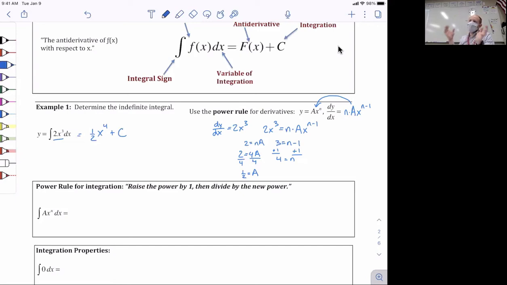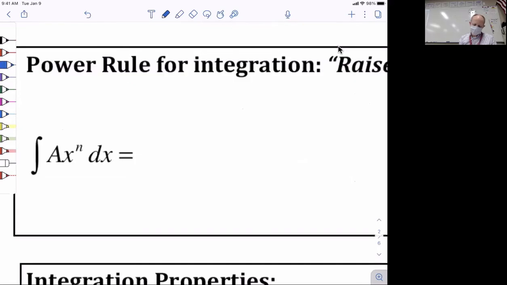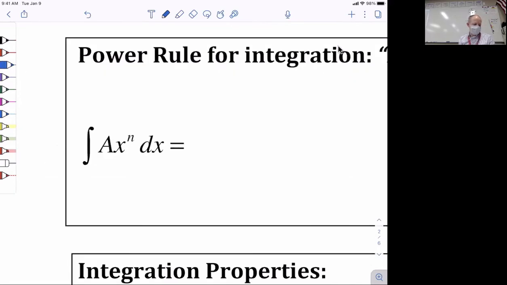Okay. Now, maybe that felt like a tedious process, setting it equal to the derivative, working backwards, all that stuff. But it actually happens generally like that every single time. And so what we're going to do is get our power rule for integration now. Any power function, we're going to have an antiderivative of a x to the n plus 1 over n plus 1.